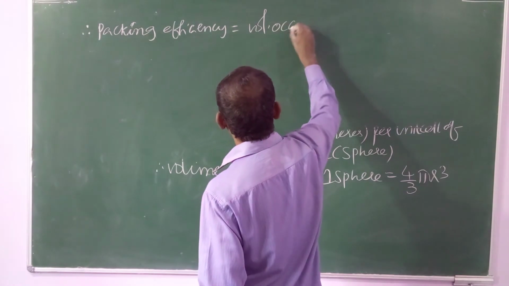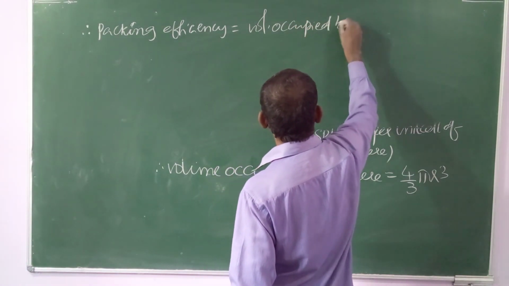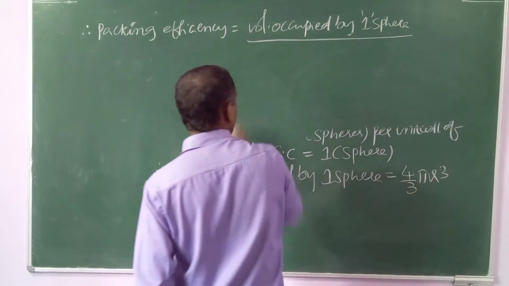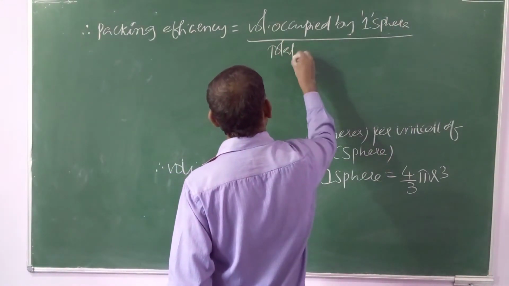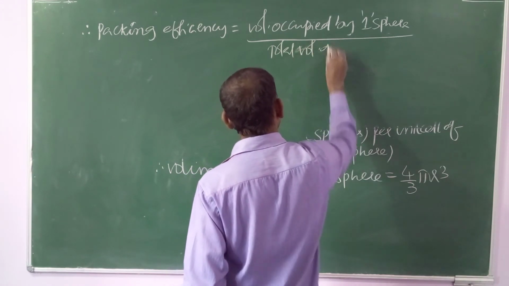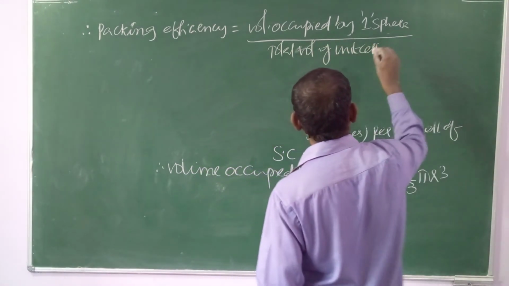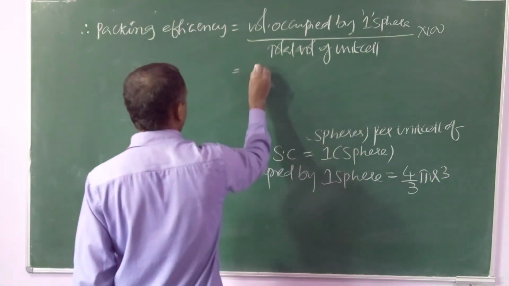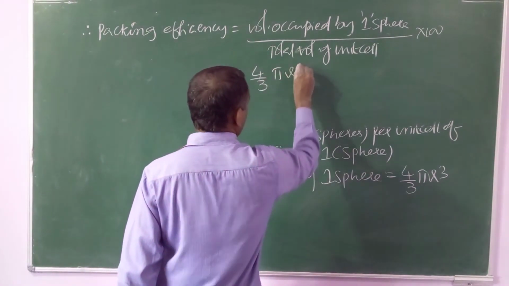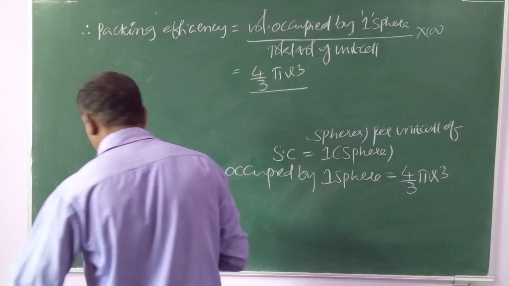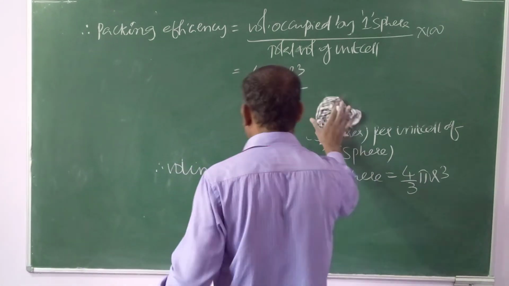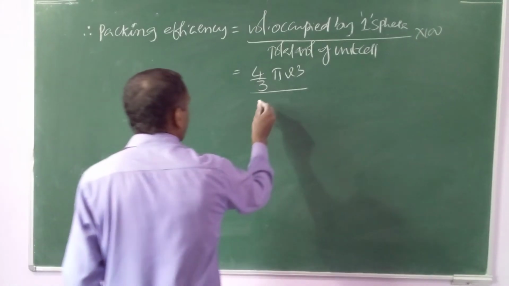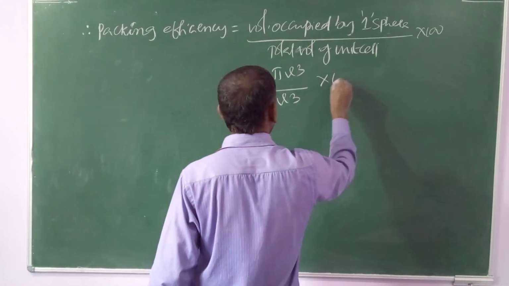Volume occupied by one sphere, in simple cube one sphere is there, by total volume of unit cell, into 100. Volume occupied by one sphere is 4 by 3 pi r cube, by total volume of unit cell 8 r cube, into 100.